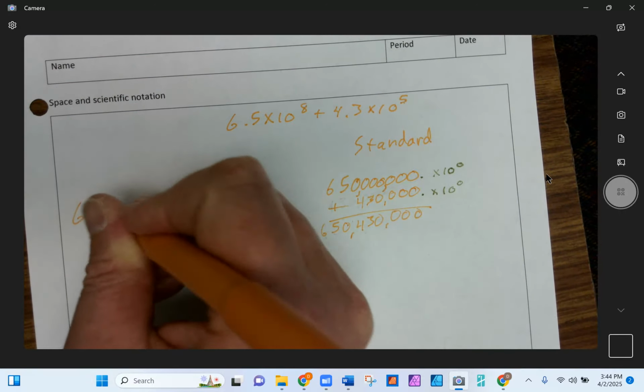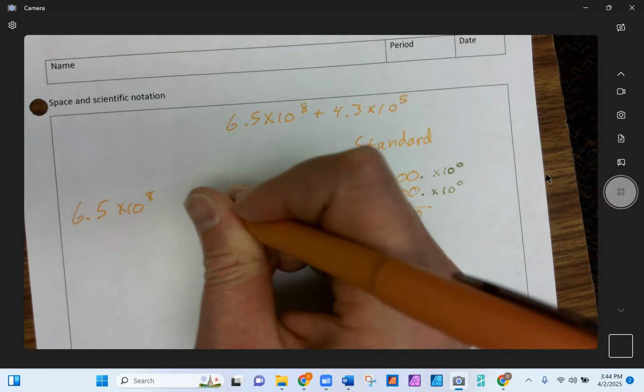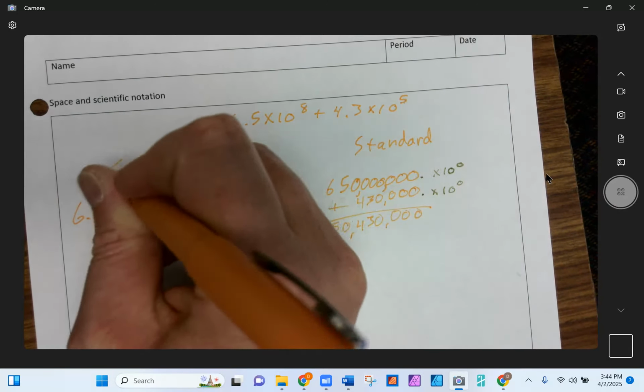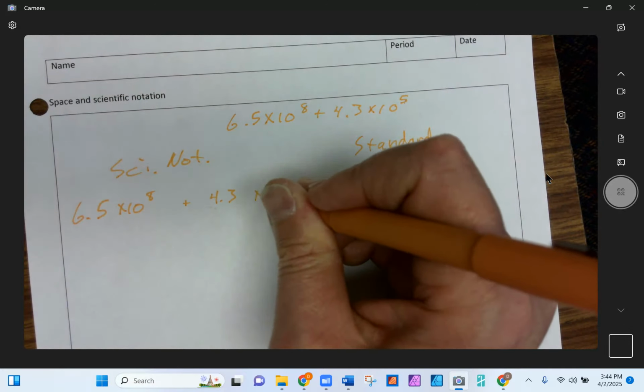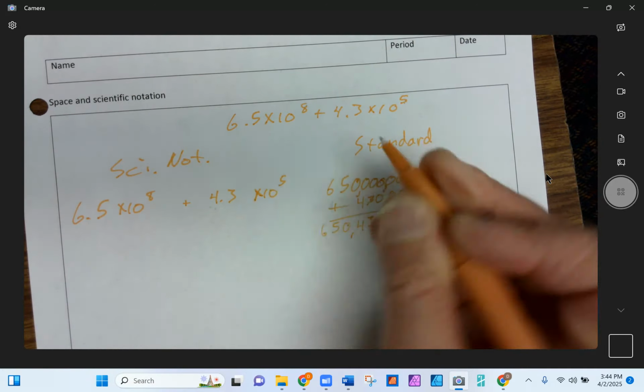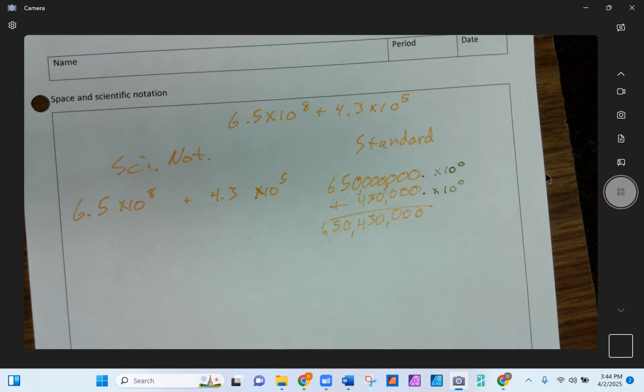I got the 6.5 times 10 to the 8th, and then plus 4.3, let's put scientific notation here, times 10 to the 5th. Now the idea here is you've got to match the exponents together. It's similar to when you're adding fractions. You want a common denominator.